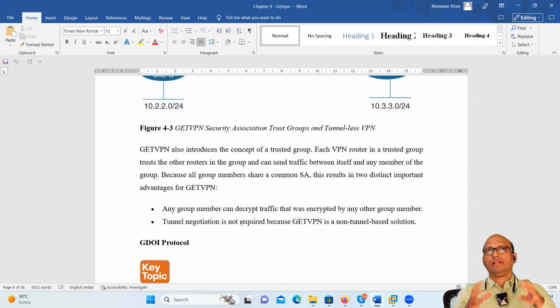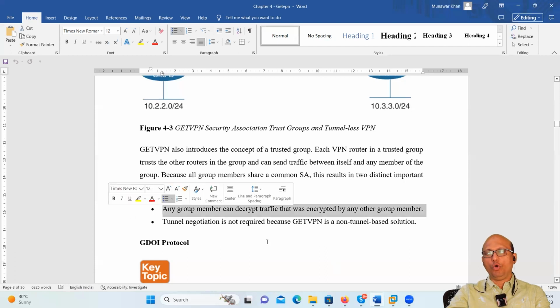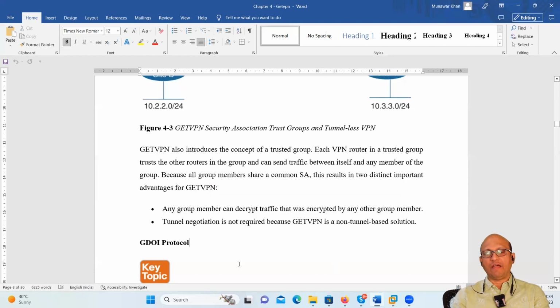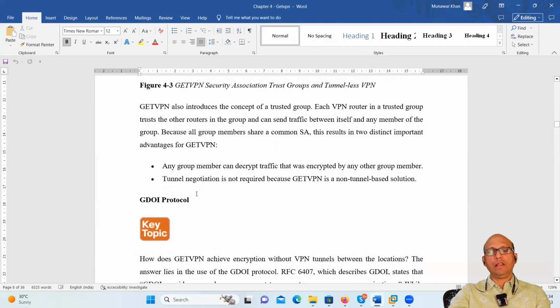So if these routers belong to a trusted group, they will definitely have that key to lock and unlock the data. Any group member can decrypt traffic that was encrypted by any other group member. Tunnel negotiation is not required because GETVPN is a non-tunnel based solution.